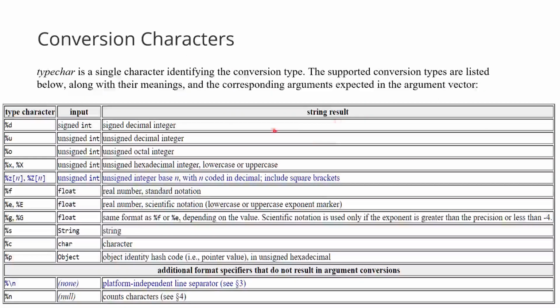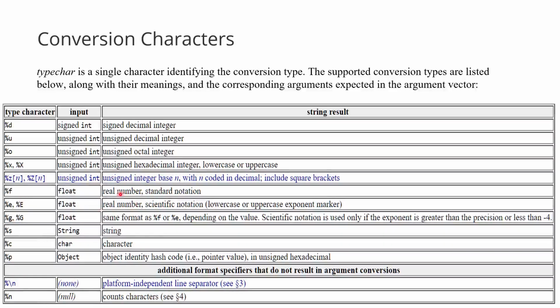Let's look at some of the conversion characters that we can use with printf. If we use %d, we pass in a signed integer and we can format it as a signed decimal integer. %u is an unsigned integer, and we can present it as an unsigned decimal integer. Please go down and take a look, and we can see there are also line separators, which are a little bit different from the \n.